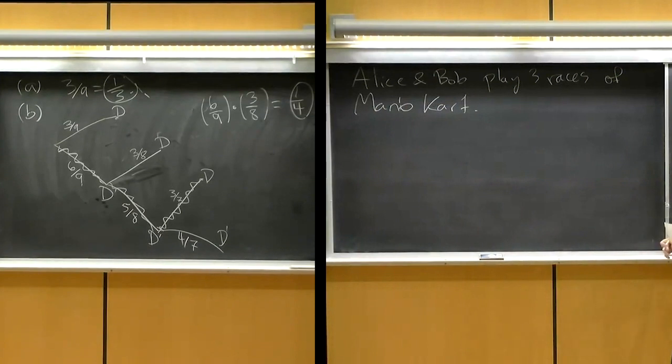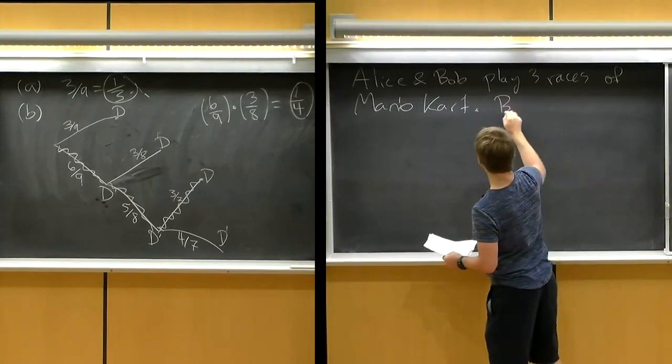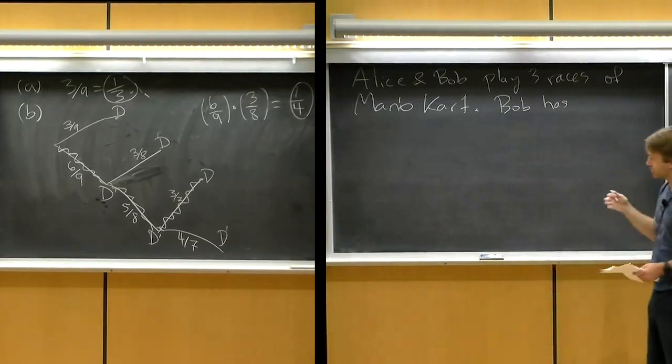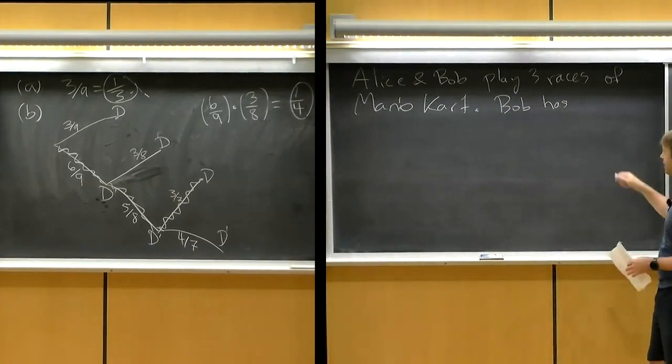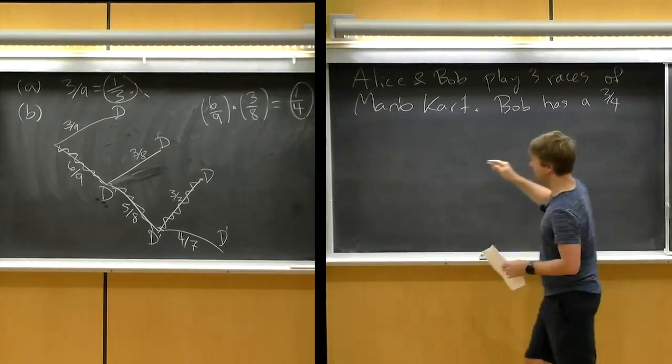And so let's say Bob goes into this really confident. He's got a 3/4 chance of winning the first race.